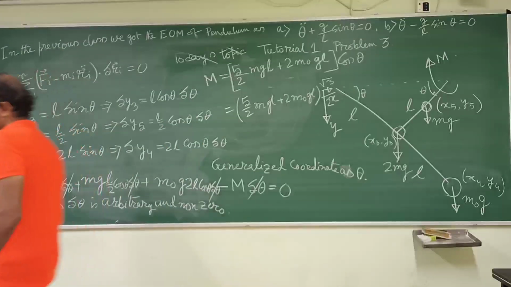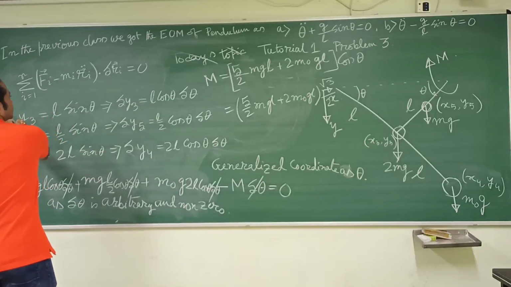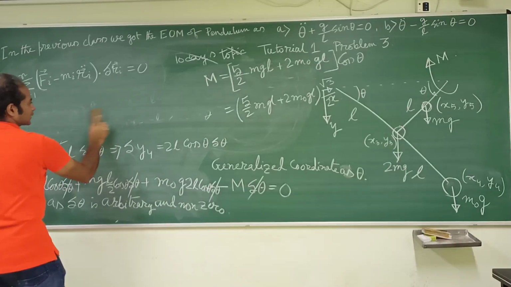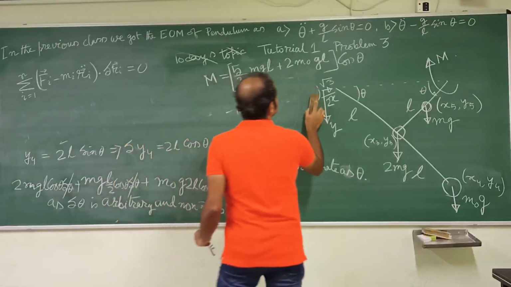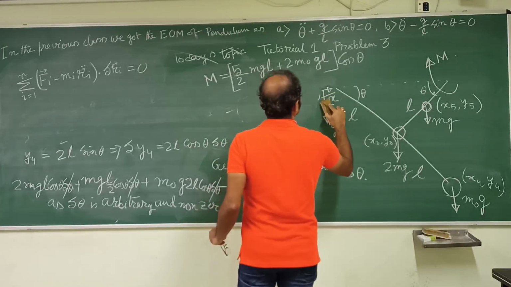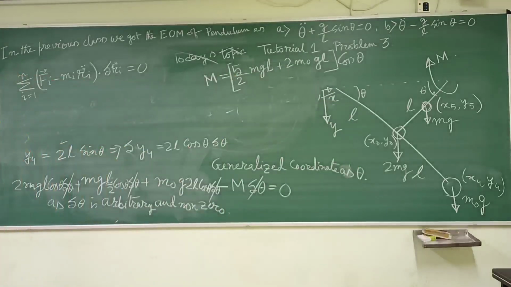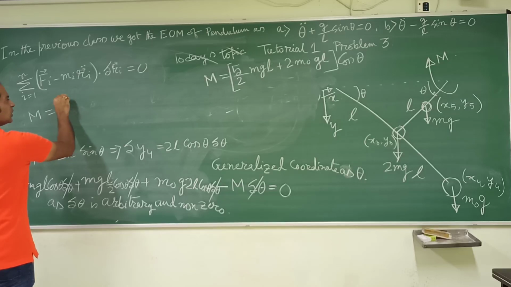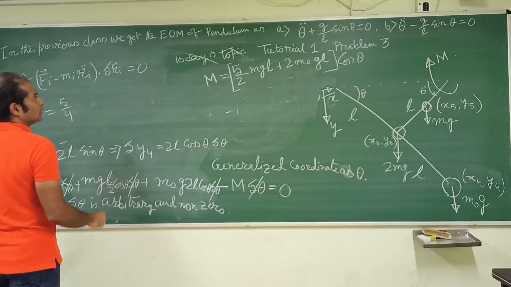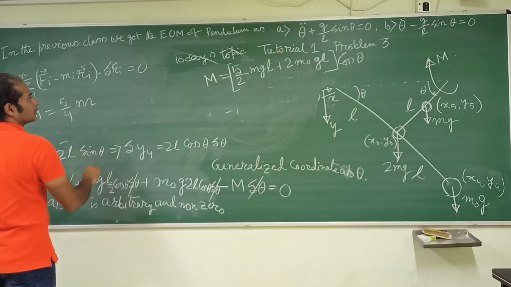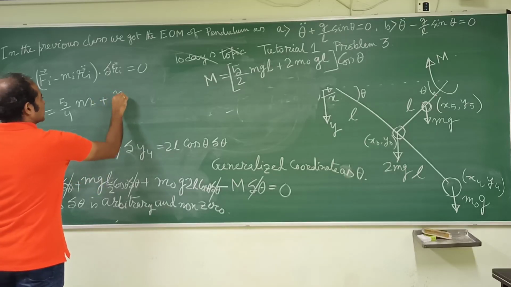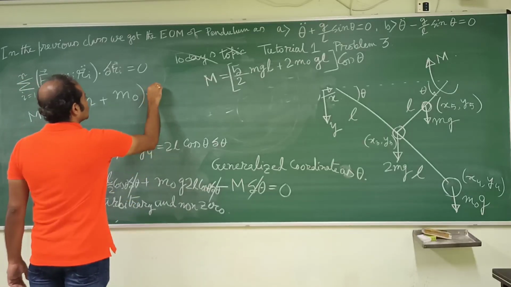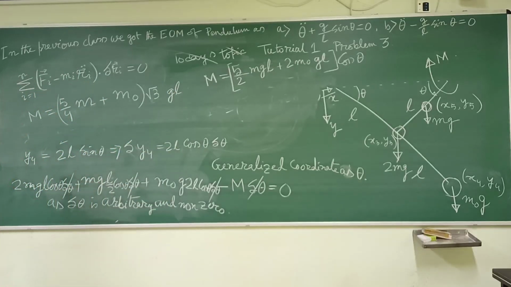So it is going to be m is equal to 5 by 4 m plus m0 times root 3 gL. Okay, I think the answer matches.